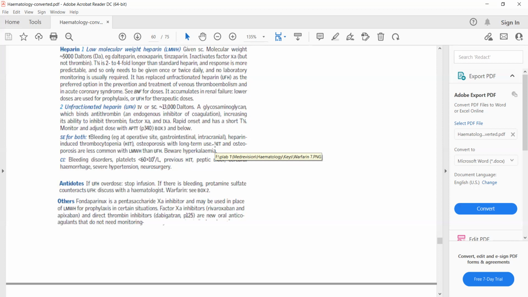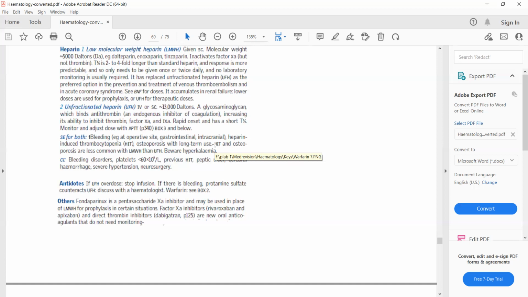So, in low molecular weight heparin, is protamine sulfate not effective, but for unfractionated heparin we can use protamine sulfate? It can be used in the toxicity of both of them.